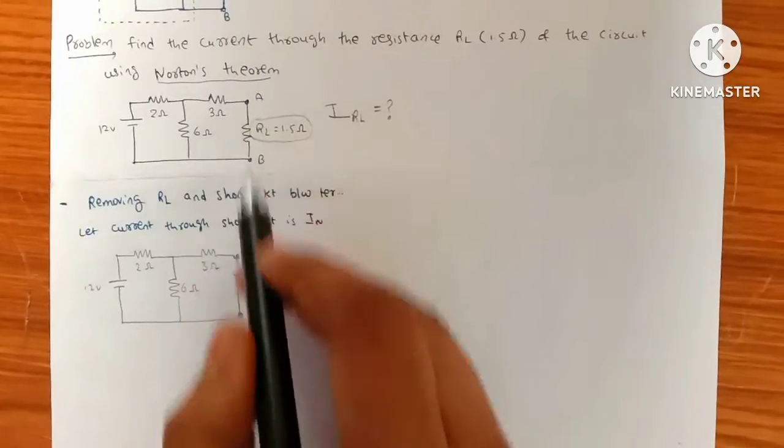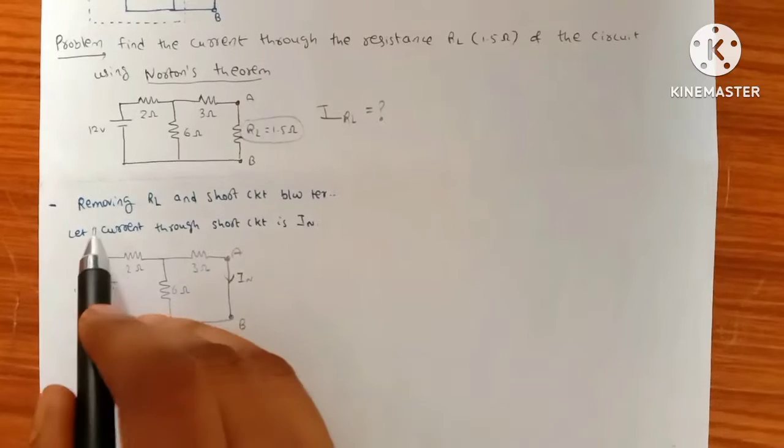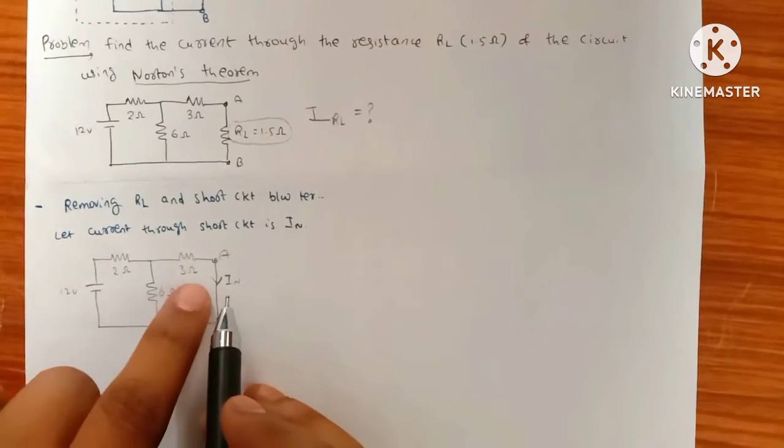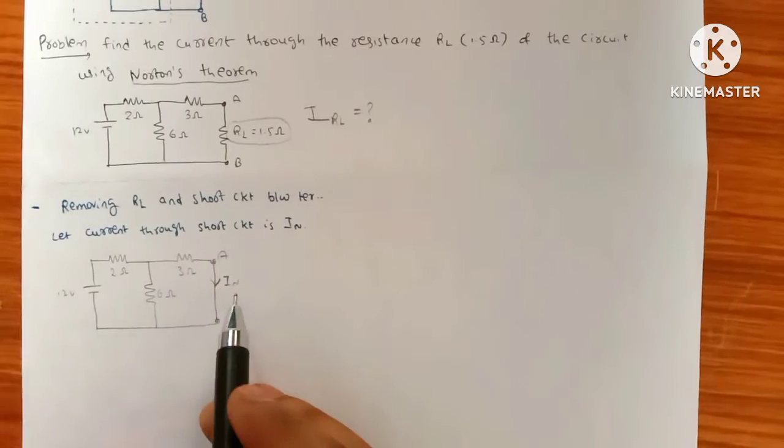So removing RL and short circuiting the terminals, the current flowing in this short is IN.